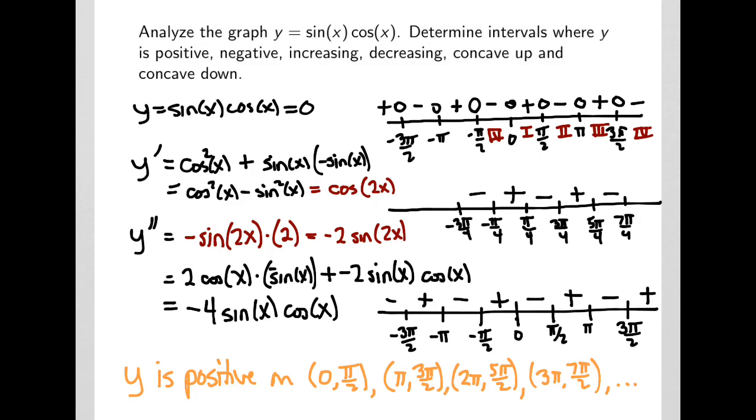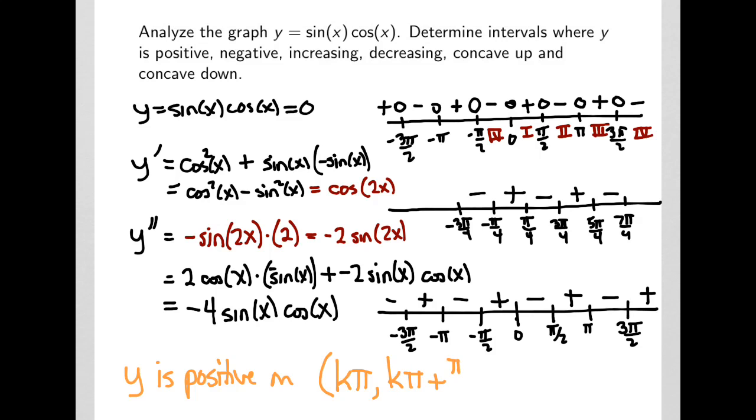Of course, we also have the intervals on the negative side, so we think, well, is there a way of generalizing this pattern? Notice that I'm always starting at an integer of pi and then going up by an increase of pi over 2. So the generalization is to say that we start at an integer multiple of pi and we go to that same location plus pi over 2.